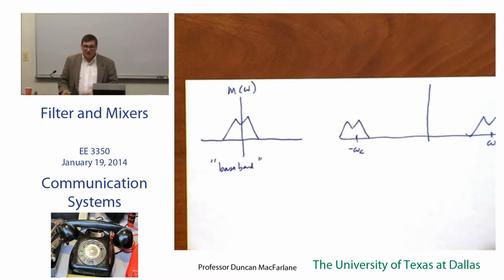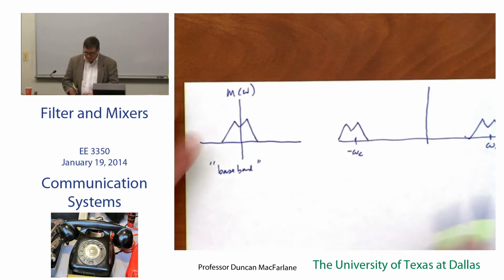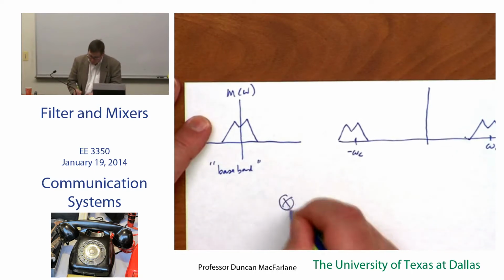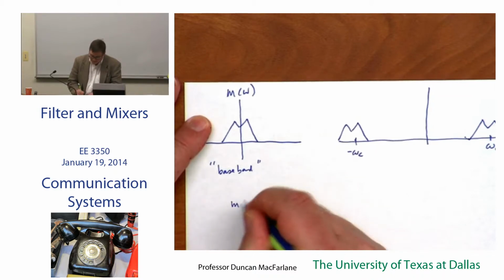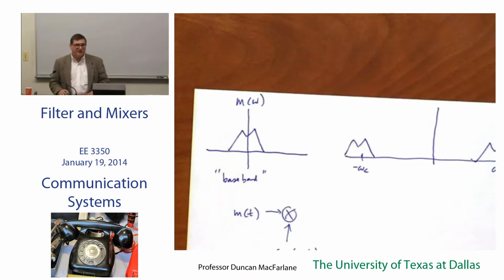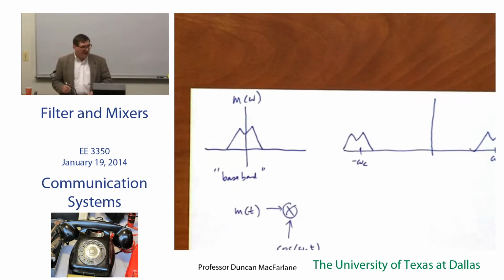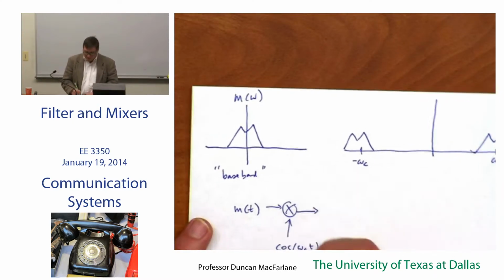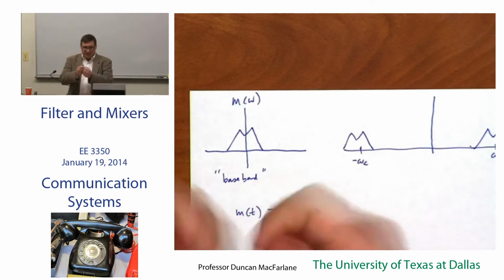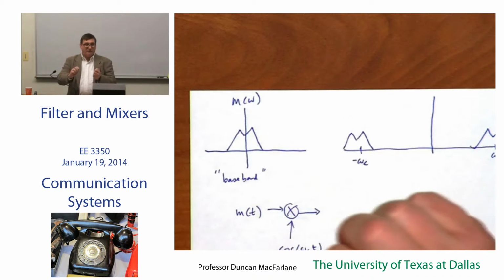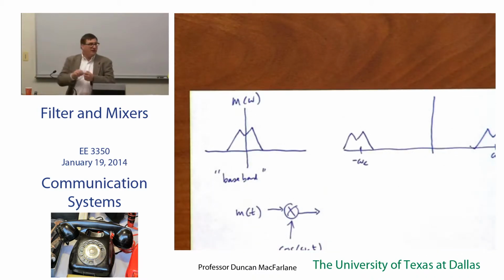Okay? So the way I like to colloquially think about this is if I take some little unsuspecting signal and I mix it with a local oscillator, I take those frequency components, I rip them in half, I throw one to the positive omega c and one out to the negative omega c.